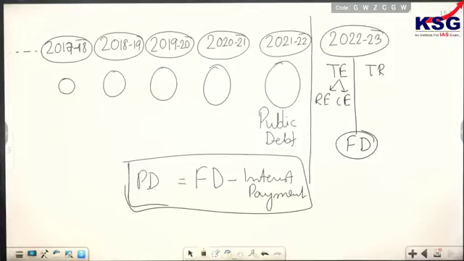Sir, was there any yearly budget of the government during the five-year plans, as we see now, or was it on a five-year basis? No, dear. The budget is always presented per year, annually. Every year the budget is presented.